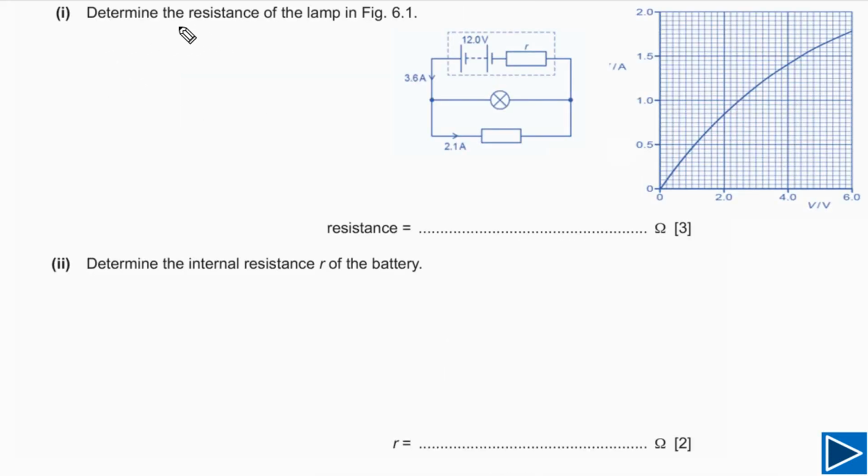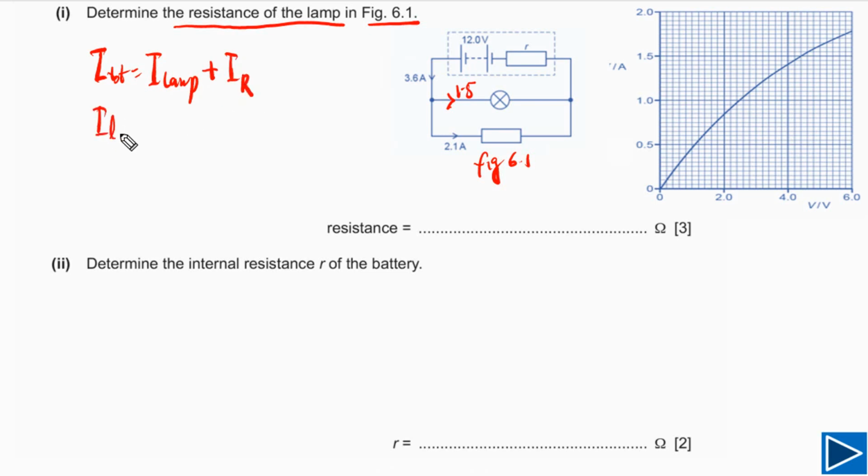Part B1 is asking us to calculate the resistance of the lamp in figure 6.1. The resistance of this lamp is not given, but we can find the current passing through it. The total current, I total, is equal to the current passing through the lamp plus the current passing through the resistor.